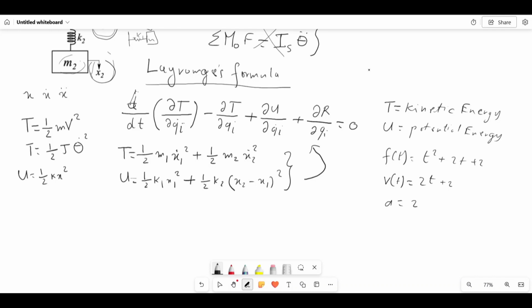The same thing, I want to show you something. Let's say the same function, now I put f of x to be x squared plus 2x plus 2. Let's say I ask you to differentiate. Are you going to have velocity, or are you simply going to have the first derivative with respect to x, which will be 2x plus 2?